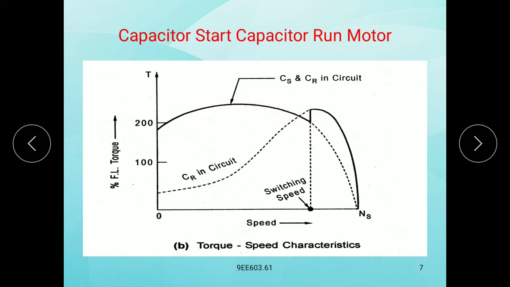After that, at the switching speed, when the centrifugal switch is off, the starting capacitor is removed, and immediately the running capacitor attains the torque, this much of torque. Then if the speed increases, the torque goes on decreasing. So this is the torque speed characteristics.